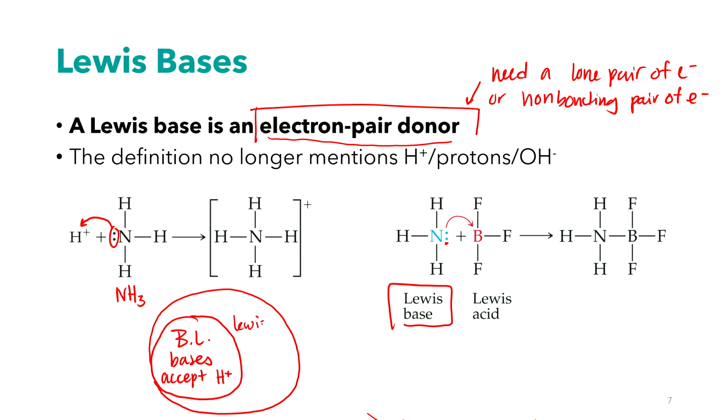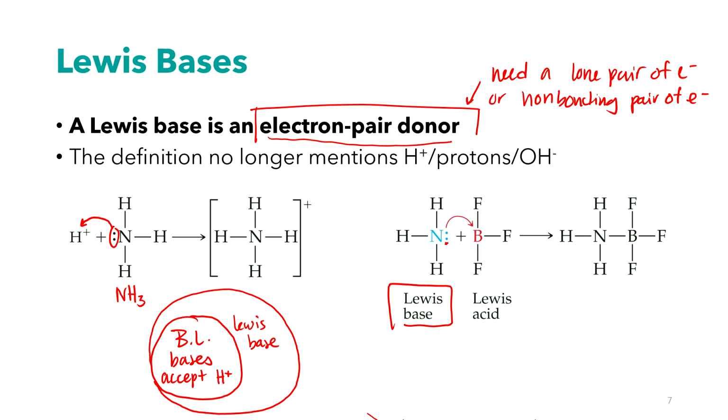So I'm trying to draw a Venn diagram here where all of our Bronsted-Lowry bases are nested inside the Lewis bases. So if you're Bronsted-Lowry, you have to be a Lewis base. But here, ammonia is not acting as a Bronsted-Lowry base, but I would call it a Lewis base.